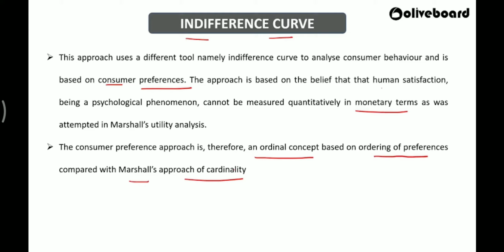In indifference curve we are not calculating on the basis of monetary terms; rather, we study based on the preferences of the consumers. So this is called the ordinal concept, and Marshall's is called the cardinal concept.